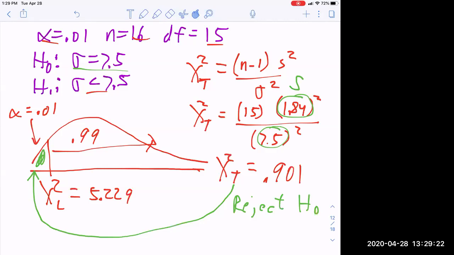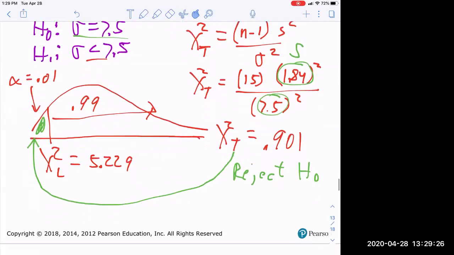So what's our conclusion? Let's scroll down. We reject H naught.